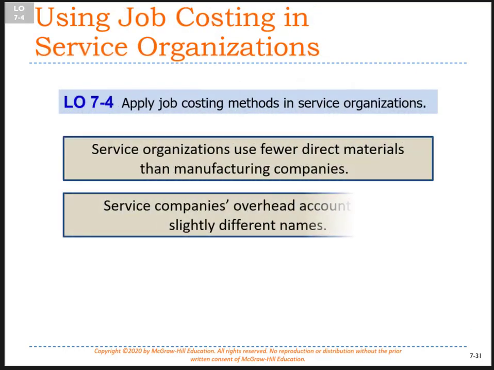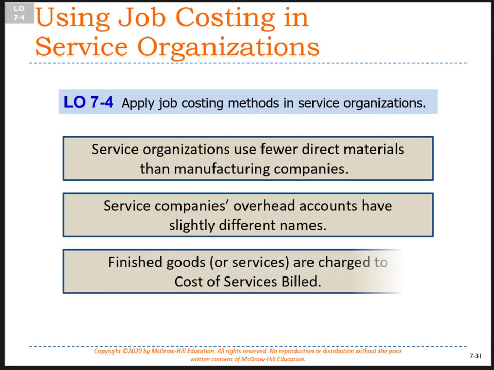Now, a little bit about service companies: hospitals, architectural firms, accounting firms, law firms. They will operate in at least a sort of job costing scenario, okay? They don't have significant direct materials. That's one of the big differences.